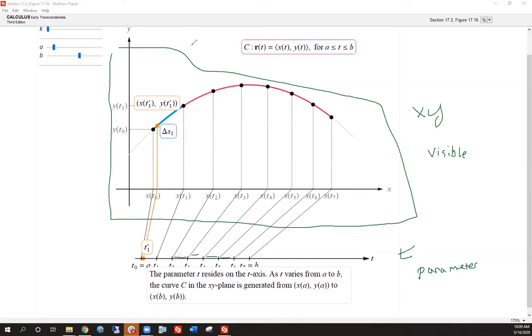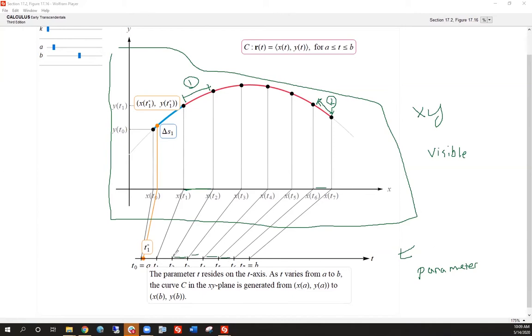So while the intervals in the t world are the same length, you can see that maybe this subinterval here, maybe I'll label it 1, sure looks longer than subinterval 2 over here in the xy world, right? And certainly it's true if you look along on the x in between x of t1, x of t2 versus x of t6 and x of t7.